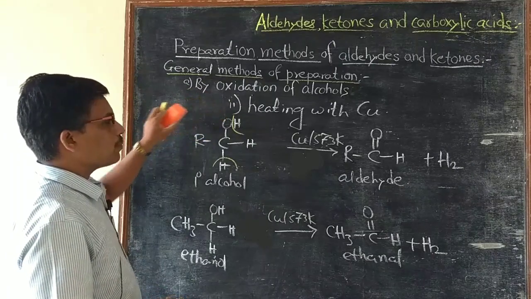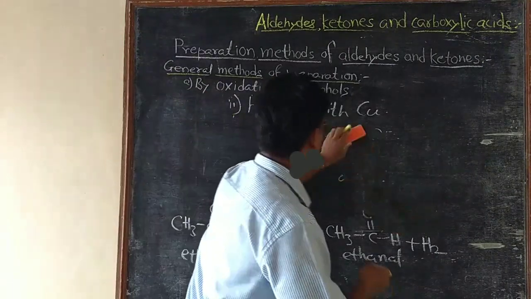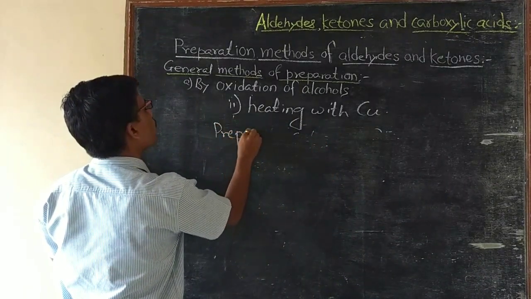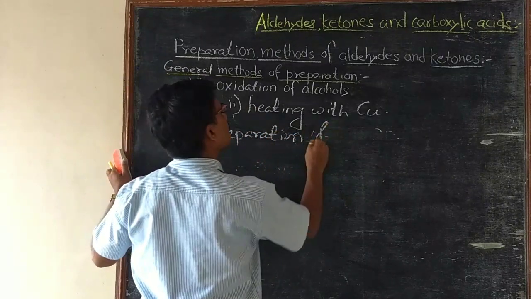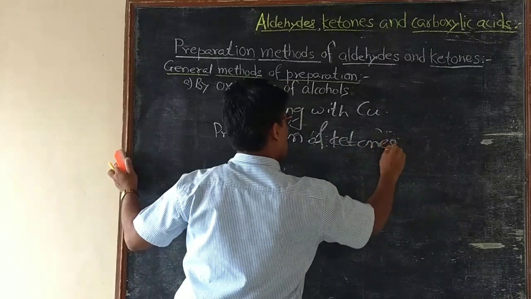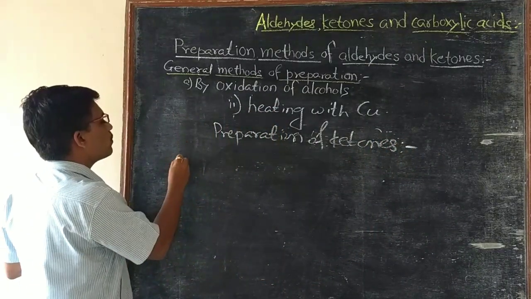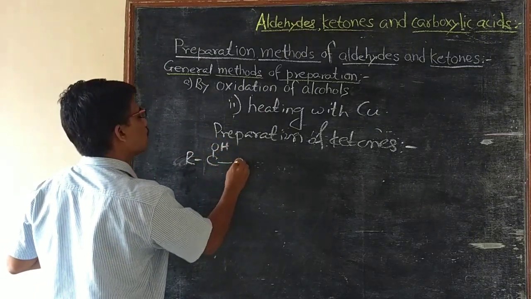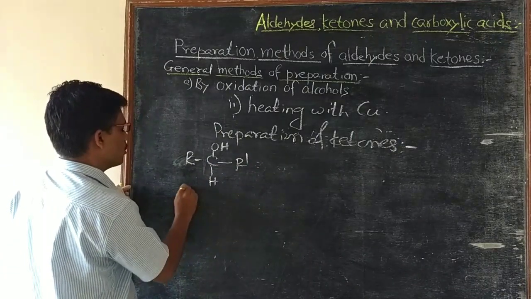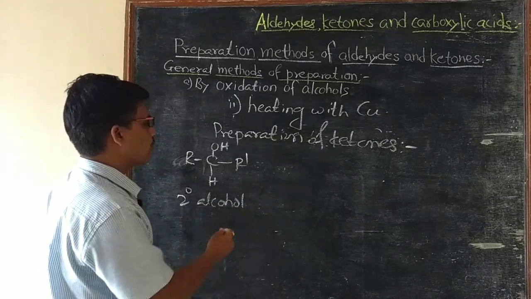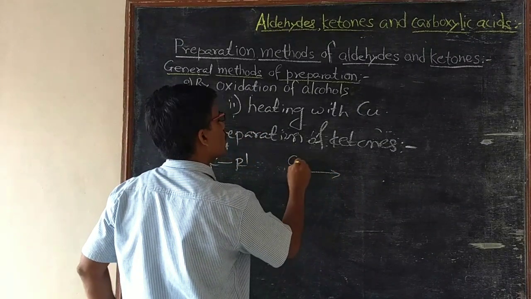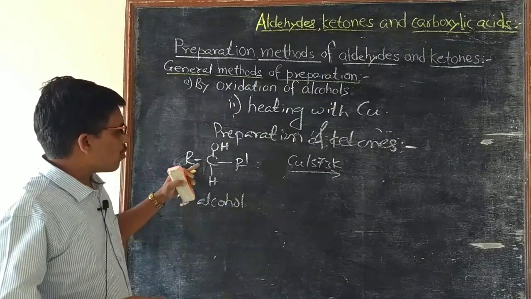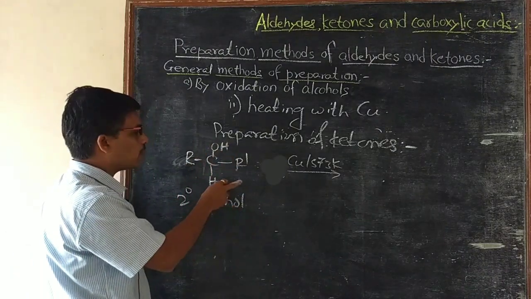Then preparation of ketones. When vapors of secondary alcohol are passed over hot copper powder, then oxidation, that is removal of hydrogen, takes place.